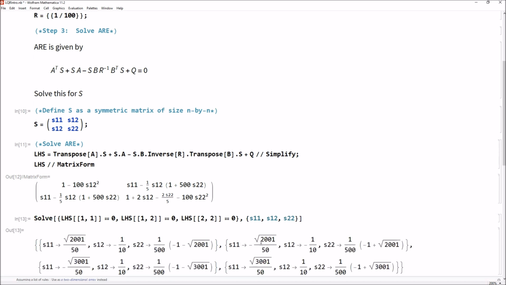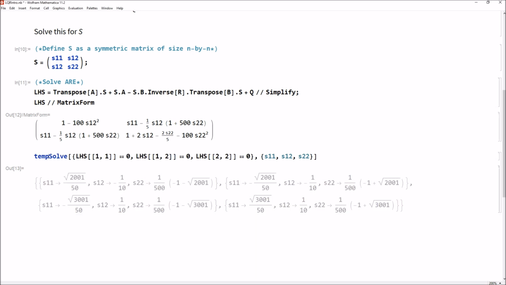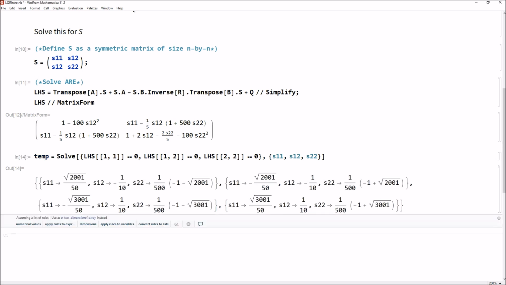So if I shift enter this, you see that we actually have 4 solutions like we said earlier. That was to be expected. We said that when you solve this, a lot of times there are going to be multiple solutions for S. So let's go ahead and extract those. Let's assign this to a temporary variable, call it temp.